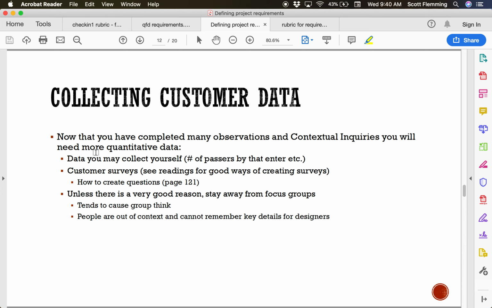So now you need to justify why you are focusing on, say, the ordering process. You have to justify why that's more important than other problems.